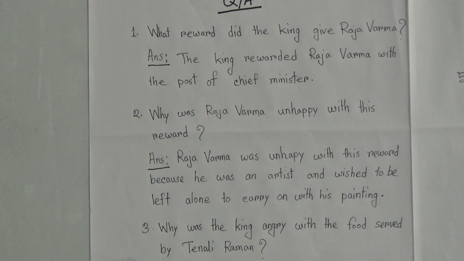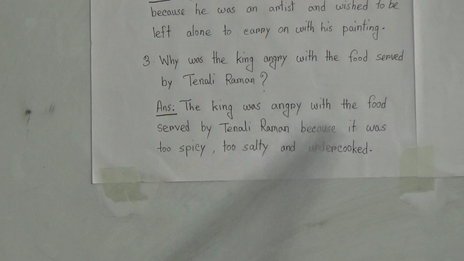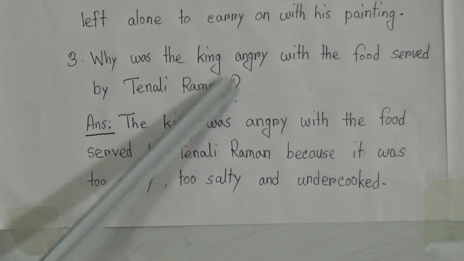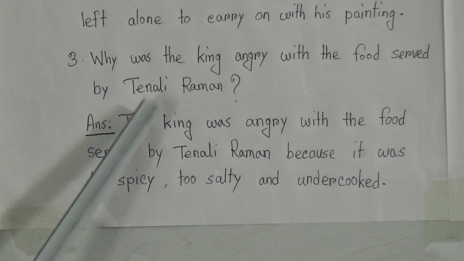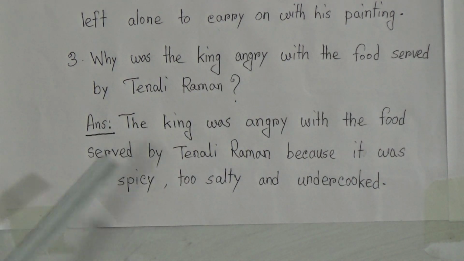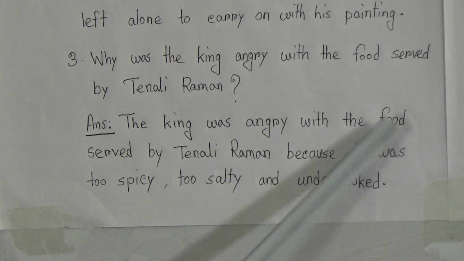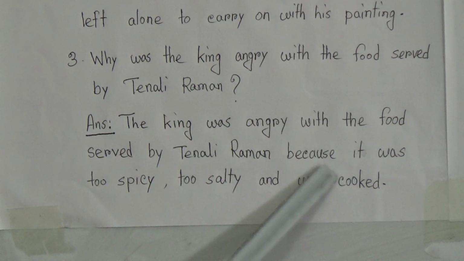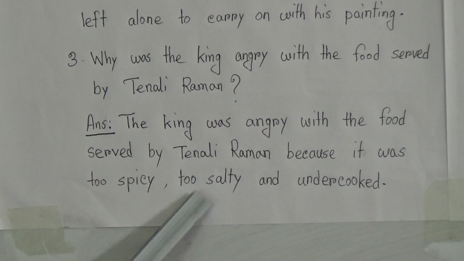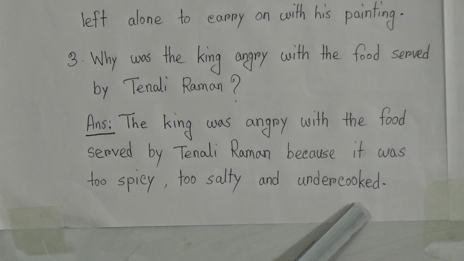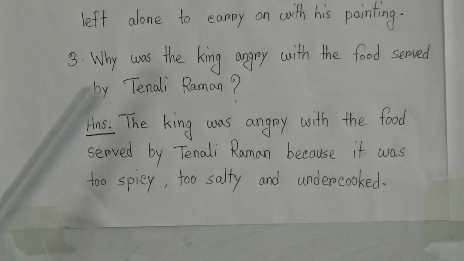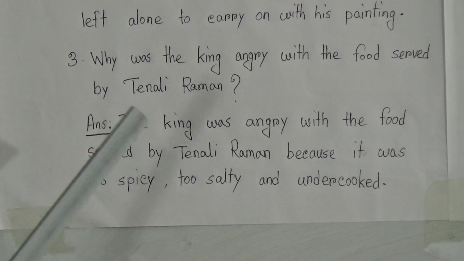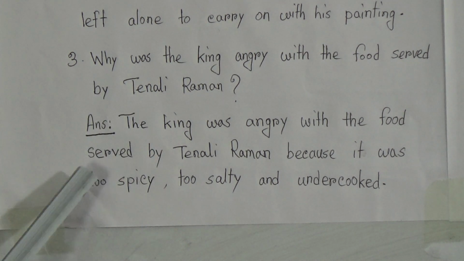Next question, why was the king angry with the food served by Tenali Raman? Let's see the answer first. The king was angry with the food served by Tenali Raman because it was too spicy, too salty, and undercooked. If you remember the story, when Raja Varma was doing the job of chief minister, he was doing things the wrong way.